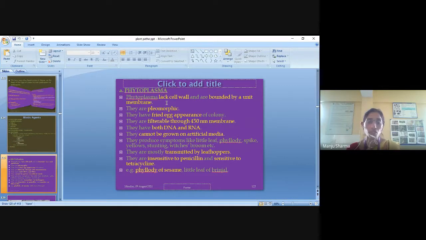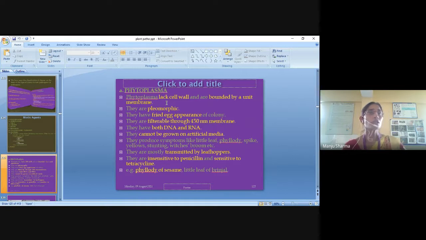They produce symptoms like little leaf, phyllody, spike, yellows, stunting, witches' broom, etc. They are mostly transmitted by leaf hoppers. They are insensitive to penicillin and sensitive to tetracycline.